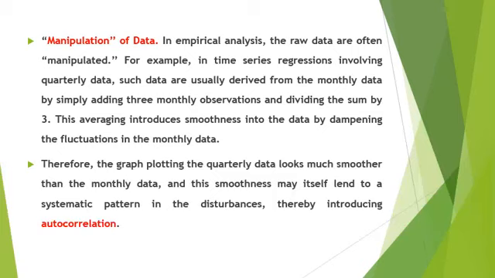This averaging introduces a kind of smoothness into the data by dampening the fluctuations in the monthly data. Therefore, the graph plotting the quarterly data looks much smoother than the monthly data, and this smoothness may itself lead to a systematic pattern in the disturbances, thereby introducing autocorrelation.